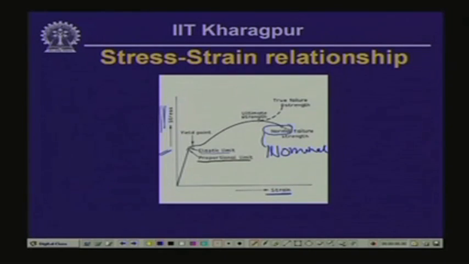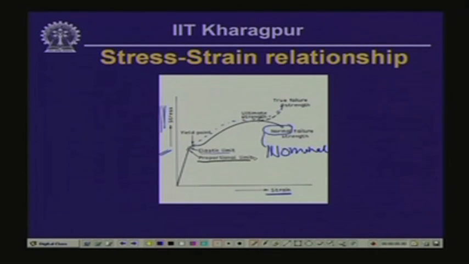The cross sectional area we always take as the original cross sectional area, and accordingly we get this profile of the curve. If we take load divided by the actual area, then the stress value will be different from this. In fact, from this particular point we will have a configuration something like this.